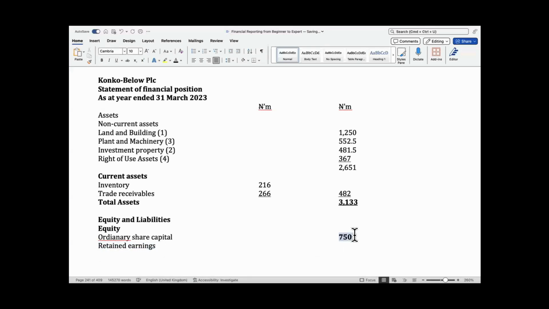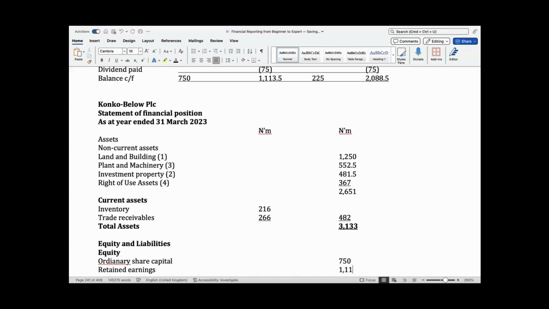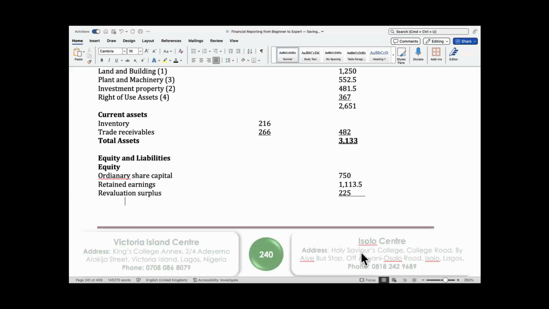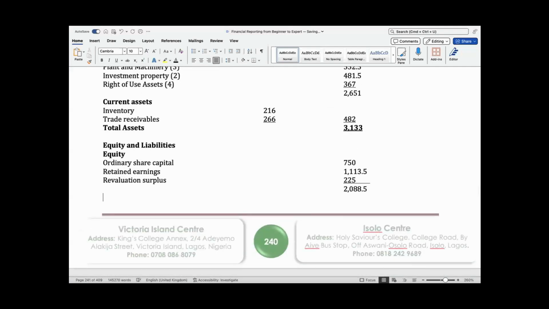Retained earnings is how much? 1113.5. Valuation surplus is 65. And we got them as how much? Total of 2088.5, I guess.